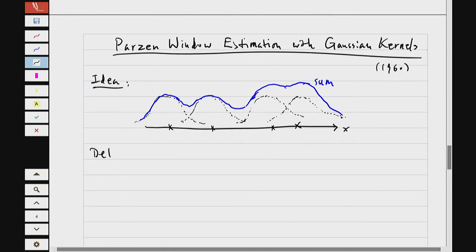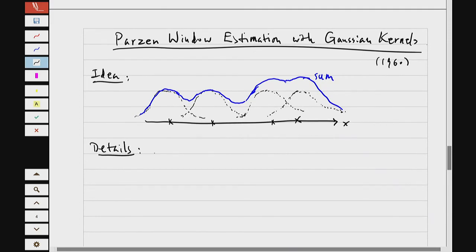Let's fill in the mathematical details. We have to define each one of these Gaussian shapes. It's called the kernel. So phi of z is, let's say, the standard Gaussian PDF. The standard Gaussian PDF is simply one that has zero mean and unit variance, right?